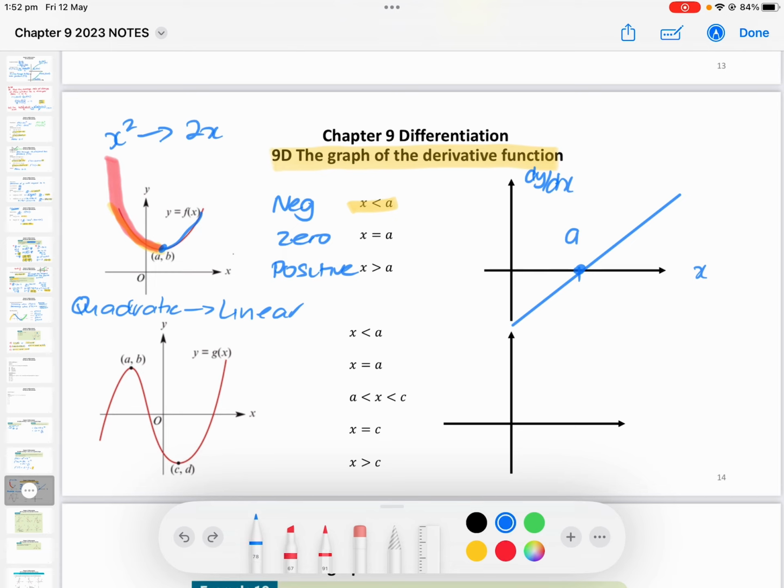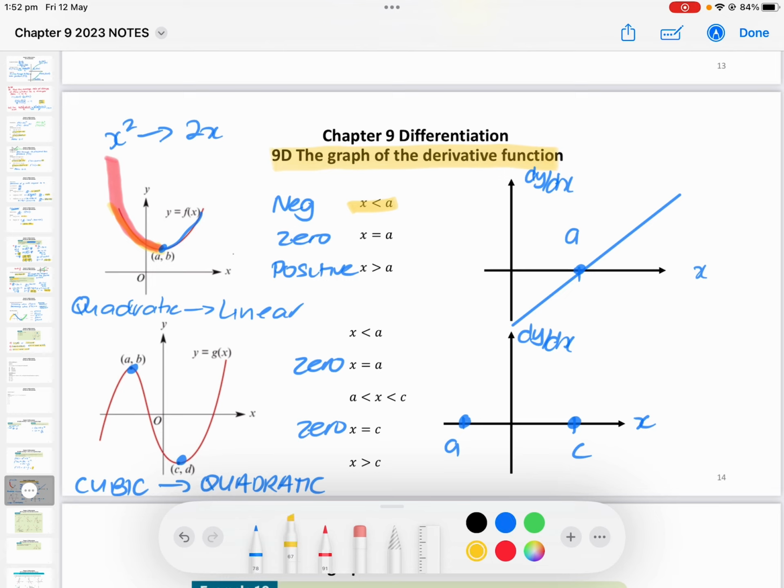So if we've got something that is a cubic, like this one, if we took a derivative of that, we would get a quadratic. So let's do the easy points. At A and at C, the gradient is 0. So at A, it's going to go through there, and at C, it's going to go through there because it's 0. Prior to getting to 0, the gradient was positive.